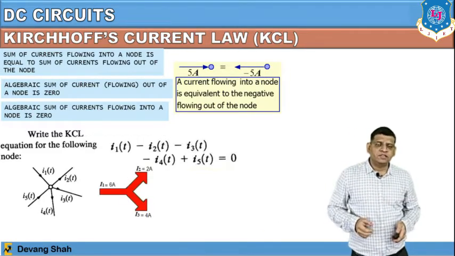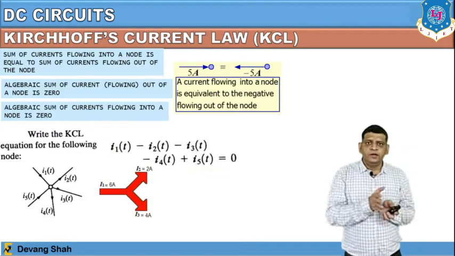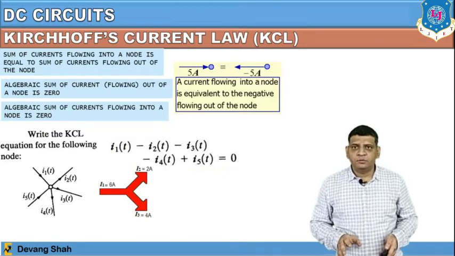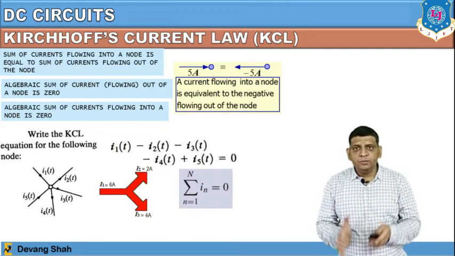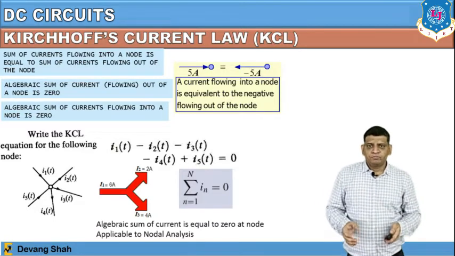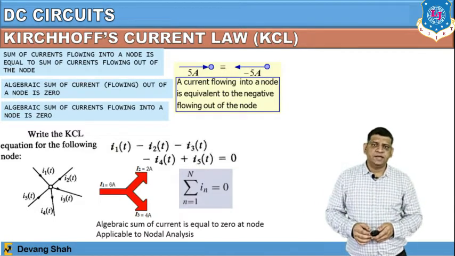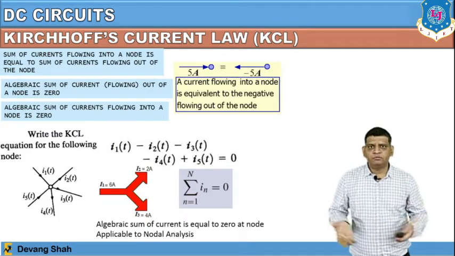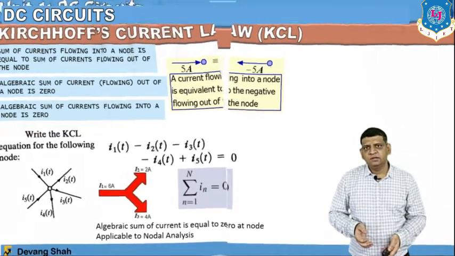Let's say, as an example, 6 ampere current is coming, and there are 2 branches, one current is 2 ampere, then the other must be 4 ampere. So the algebraic sum of current must be equal to 0 at a particular node. This is what the statement is, and it is applicable for nodal analysis. That's a part of further circuit analysis.